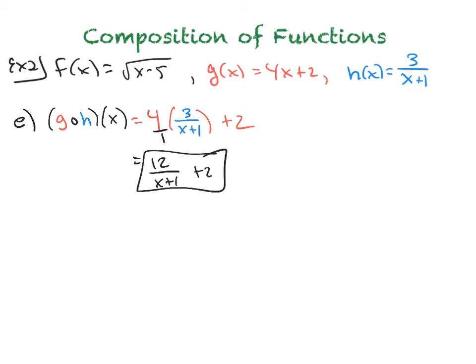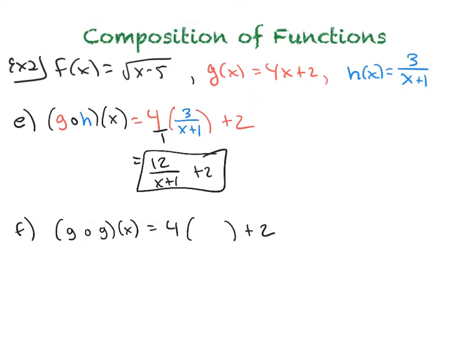Okay. Last big point I want to make is you can compose a function with itself. So for f, let's do g of g of x. G composed with itself. Okay, well the game still is the same here, so I'm going to start with g, which is my first function, 4x plus 2, and I'm going to replace all of my x's with parentheses.